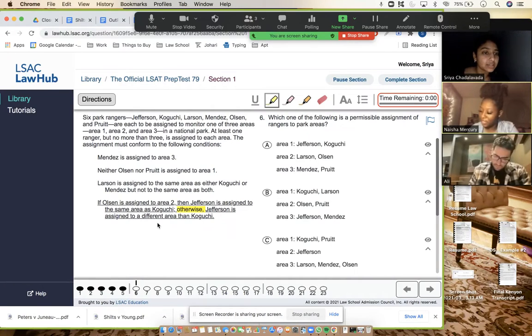Right, and I'm trying to figure out how to shorten it. Yeah, so you could just write a double arrow. So it would look like this. Here, I can show you. O is in 2, then J and K go together. Then the other one.